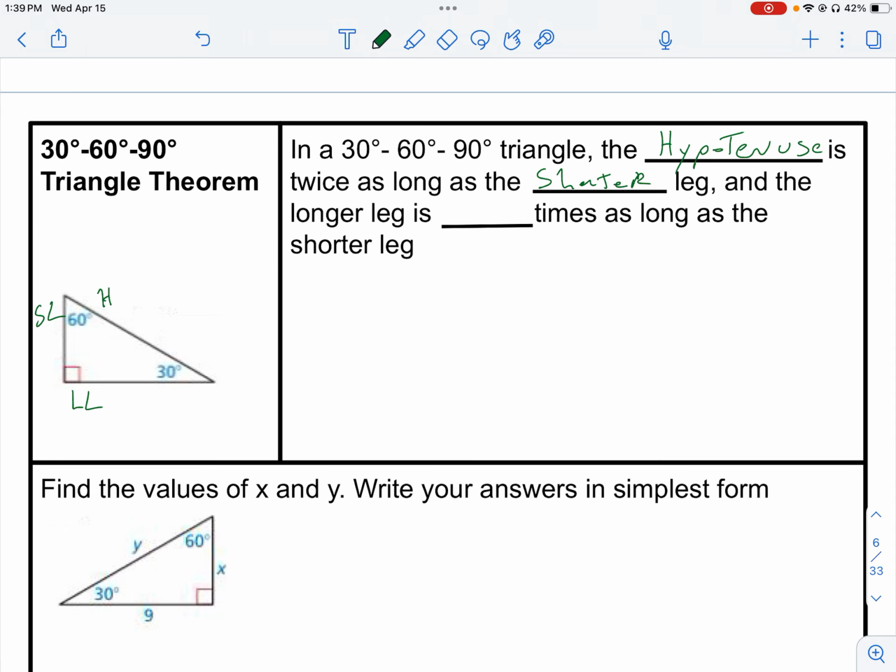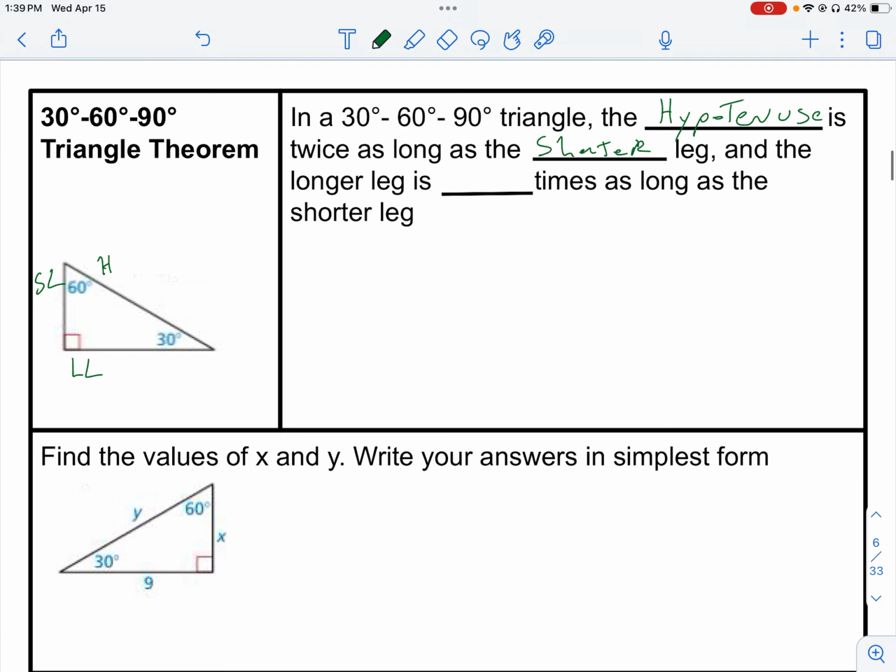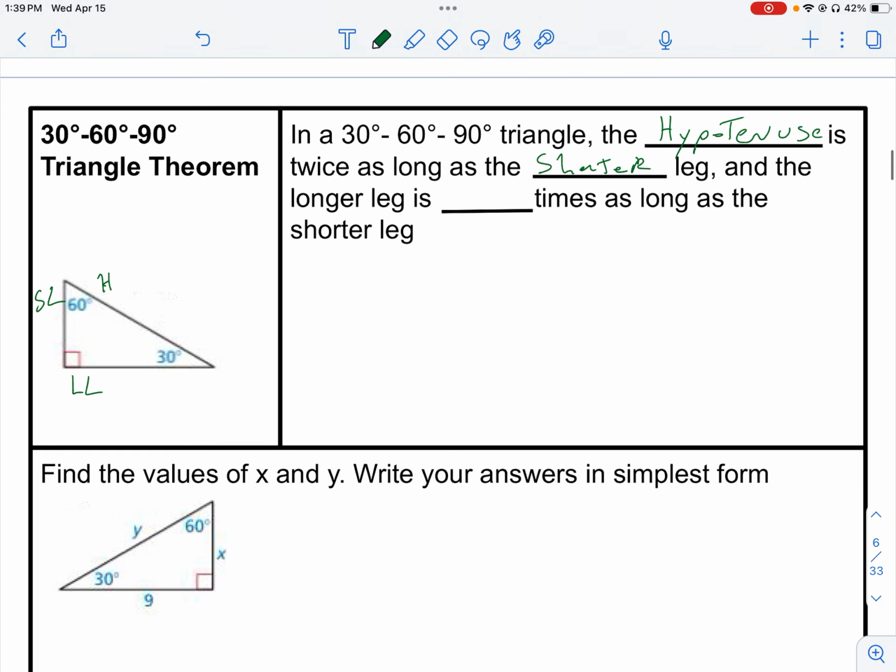In a 45-45-90, we just have legs, because they're the same, and the hypotenuse. So the hypotenuse is 2 times the shorter leg, and the longer leg is radical 3 times as long as the shorter leg.